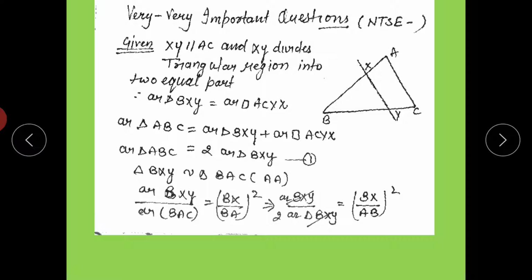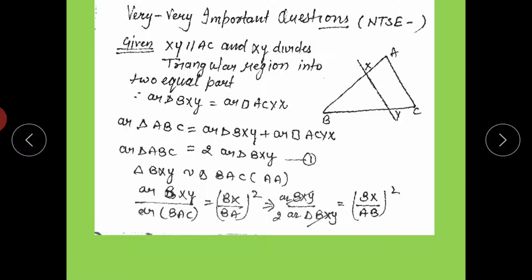Because this line is parallel, angle X is equal to angle A, angle Y is equal to angle C, and angle B is common. So these two triangles are similar. If these two triangles are similar, then the ratio of the areas of these two triangles is equal to the square of the ratio of their corresponding sides. So area of triangle BXY upon area of triangle BAC can be written as BX upon AB whole square.